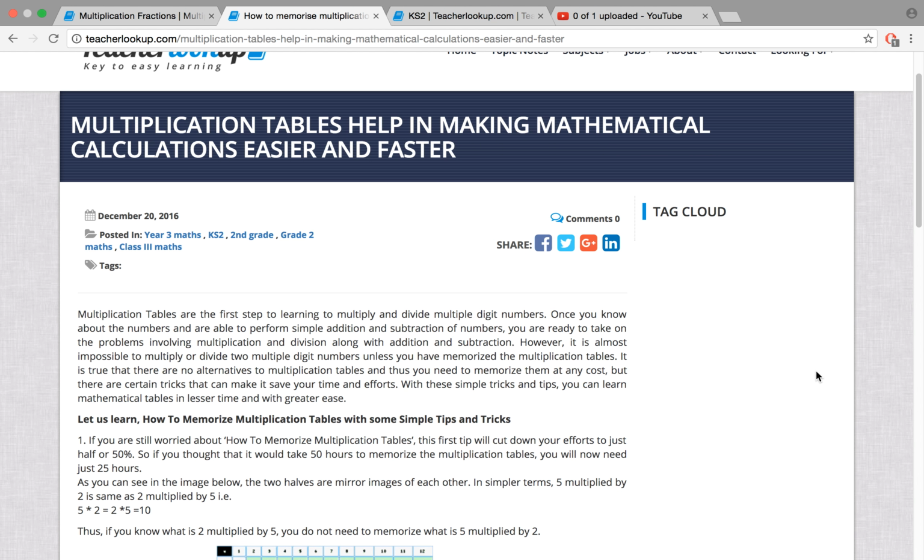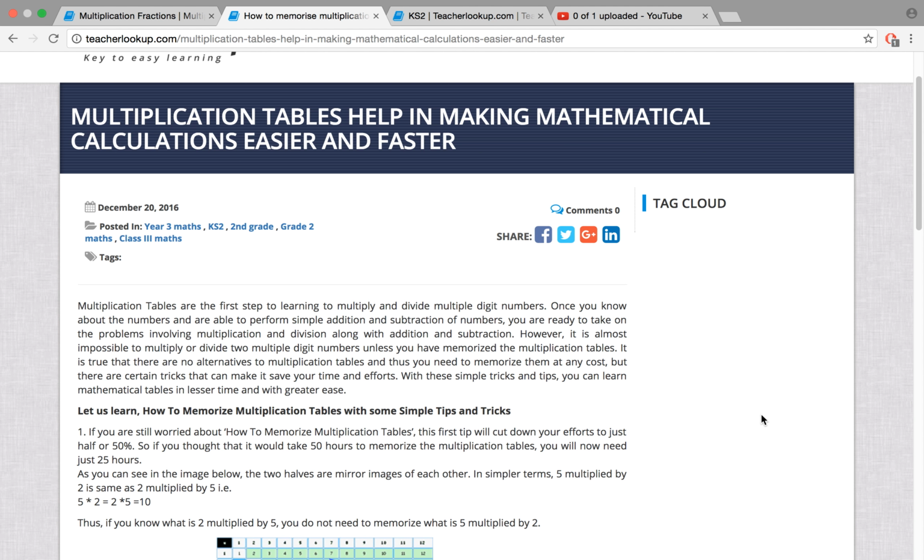It is true that there are no alternatives to multiplication tables, and thus you need to memorize them at any cost. But there are certain tricks that you can do to save your time and effort. With these simple tricks and tips, you can learn mathematical tables in less time and with great ease.